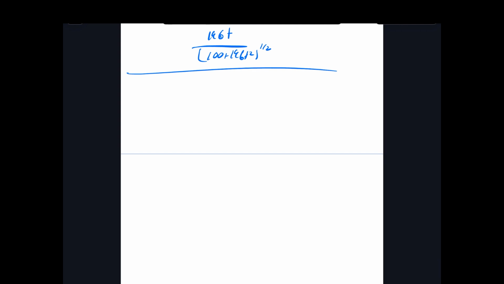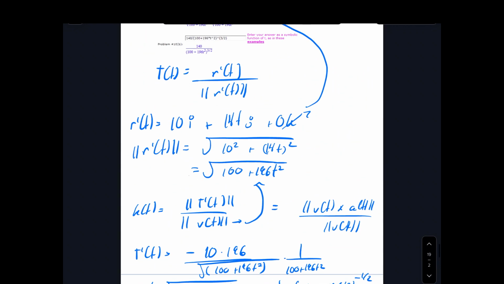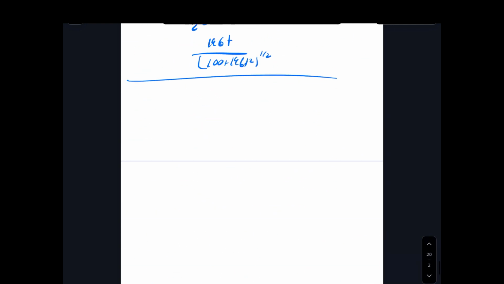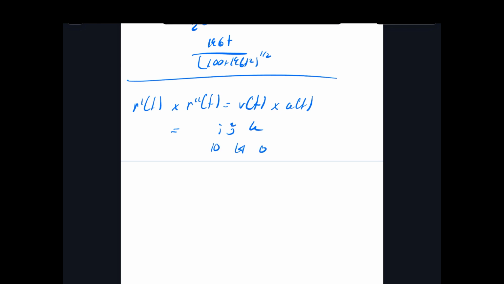So basically, you know how we took the derivative of r at t right here? We're going to go r double prime at t equals 0i plus 14j plus 0k. Okay, so with that being said, if we go r prime at t cross r double prime at t, which equals v at t cross with a at t, you're going to get i, j, k; 10, 14, 0; 0, 14, 0.